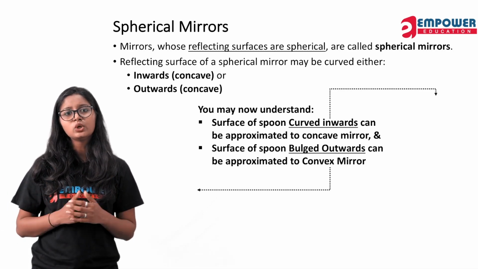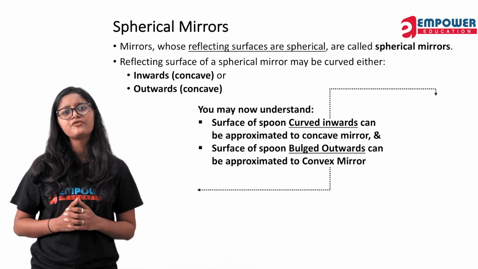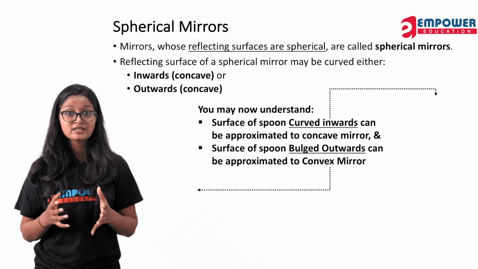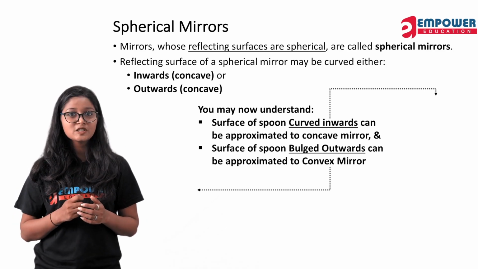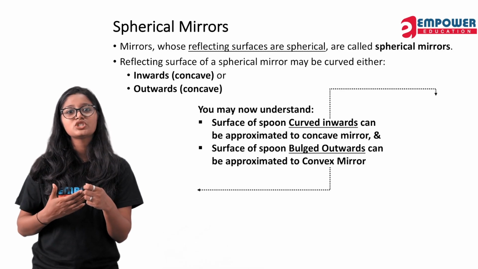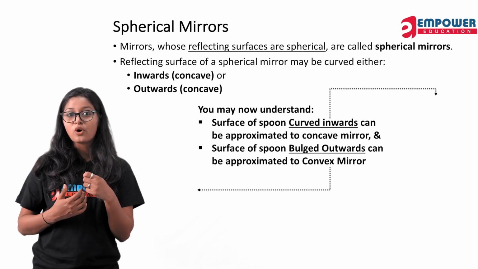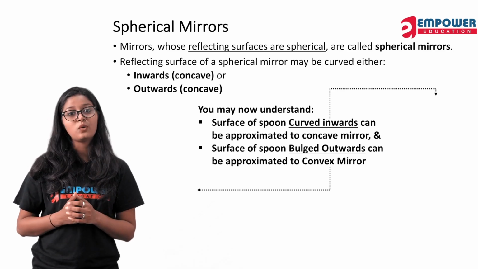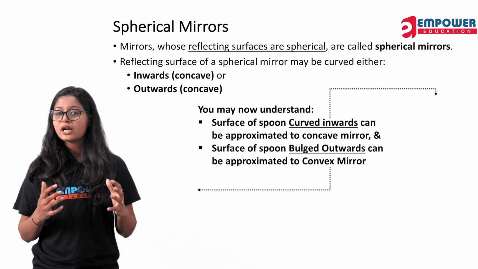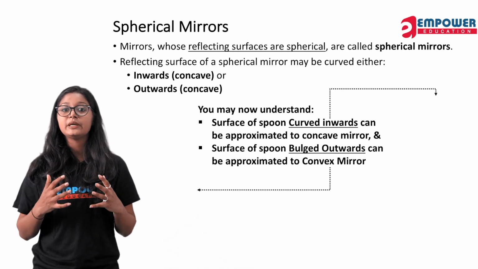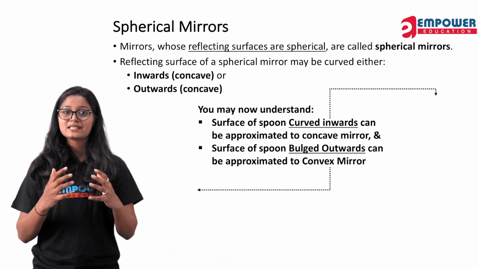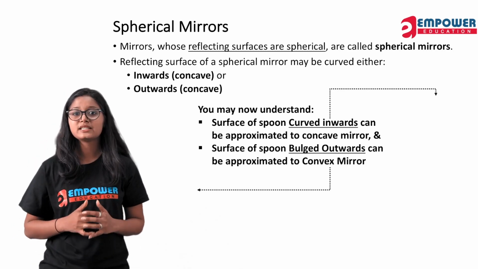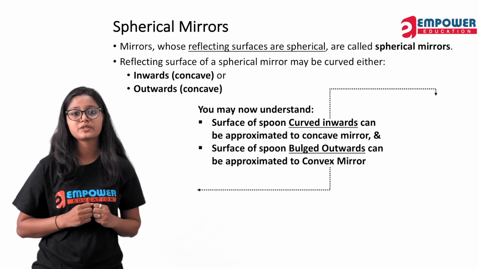You can try this experiment: take a spoon, try to see your image in the spoon, move it forward, see how the image is formed, move it backward and see how the image is formed. You can do it a couple of times and observe the image that is formed inside the curved part of the spoon. Now we had a discussion on what spherical mirrors are.